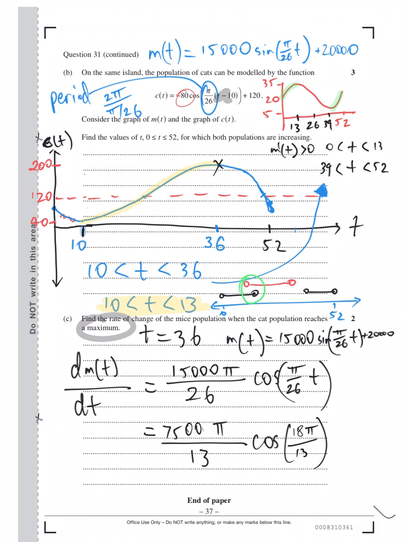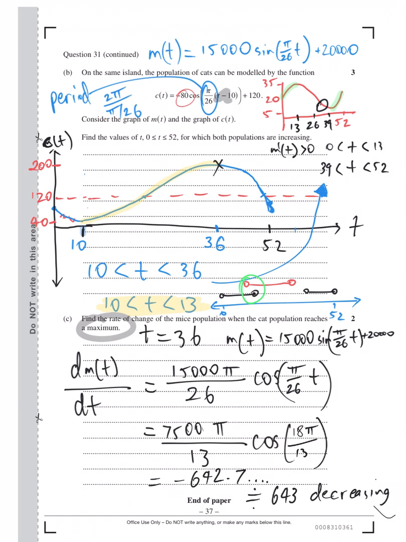But what it does mean is that at this point in time, at this 36 weeks, which on this graph in red at the top right, about there, we're definitely decreasing. The population of mice is decreasing at this time. And what we get is negative 642.7 and so on, which is about 643 decreasing.